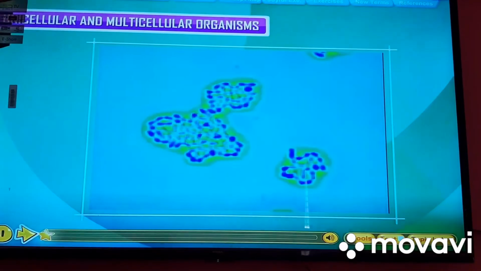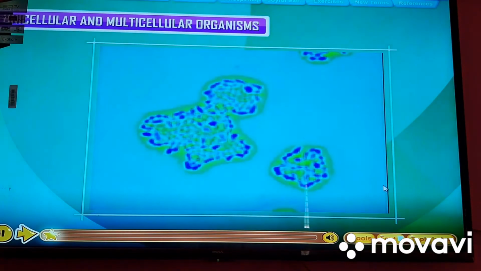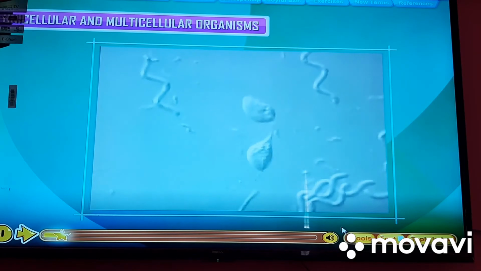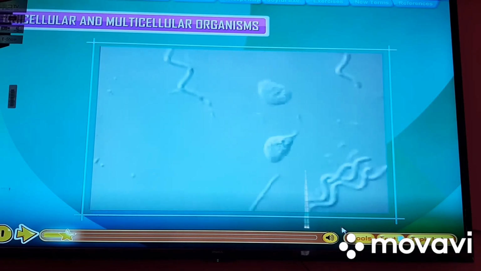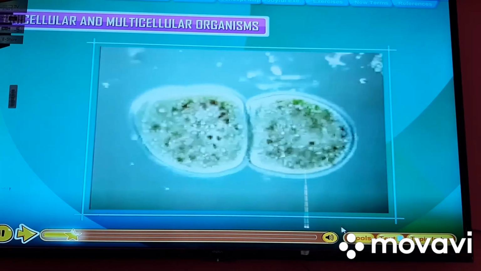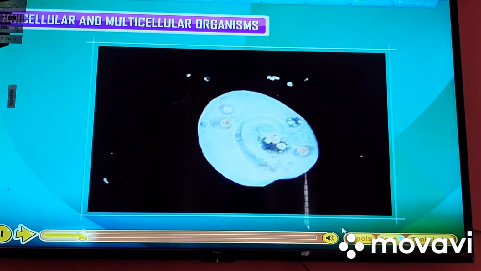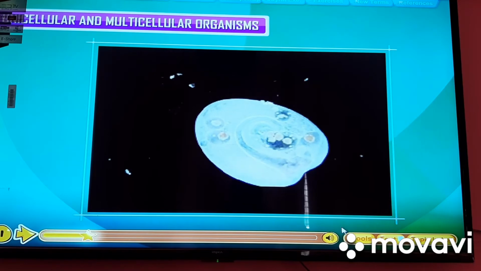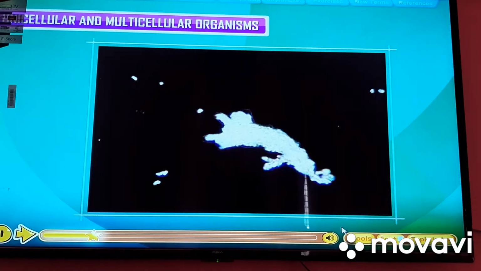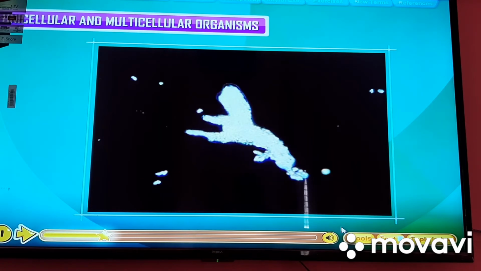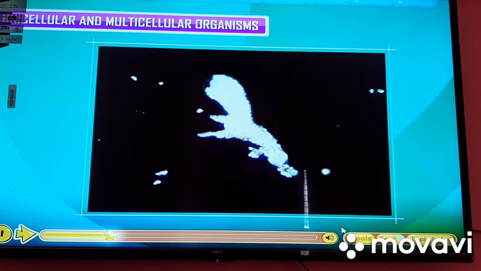Unicellular and multicellular organisms. Living organisms are made up of one or more cells. Organisms made up of a single cell are called unicellular organisms. Amoeba, paramecium, euglena, bacteria and yeast are a few examples of unicellular organisms. The single cell of these organisms behaves like a complete organism.